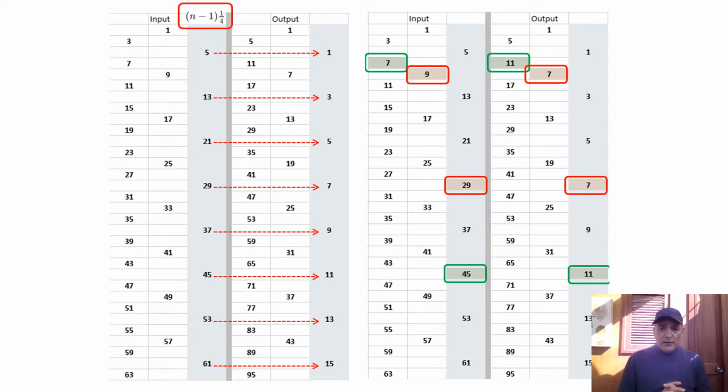Well, first let me give you a graphical representation. You see this column represents n minus 1 divided by 4, as we just mentioned, and we see that these same numbers are here, 8 apart.